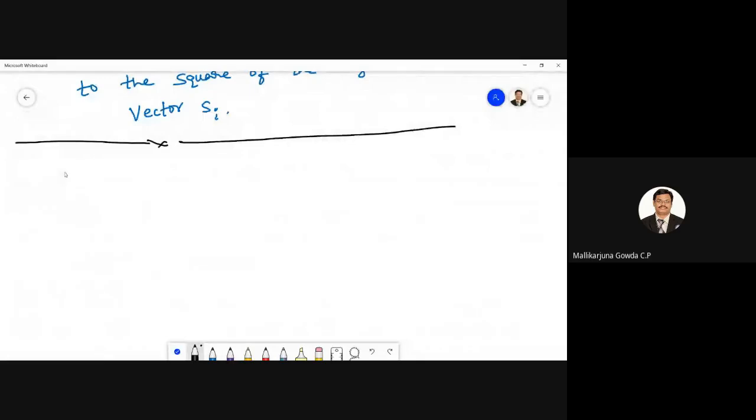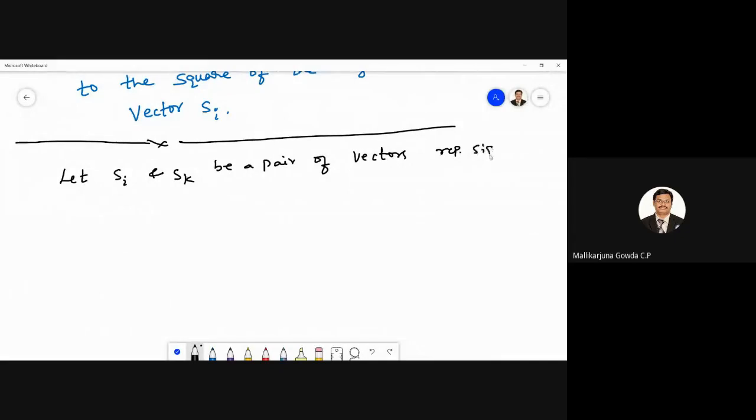Let Si and Sk be a pair of vectors, and these vectors represent the signals Si of t and Sk of t.